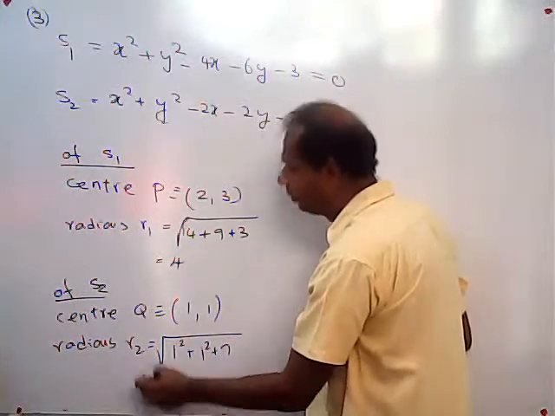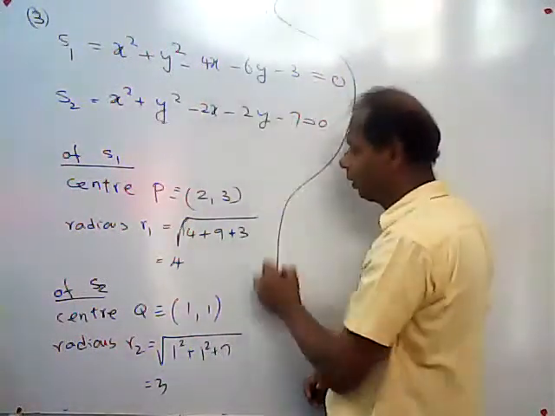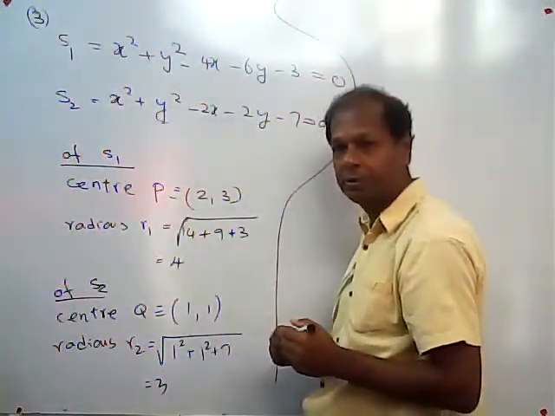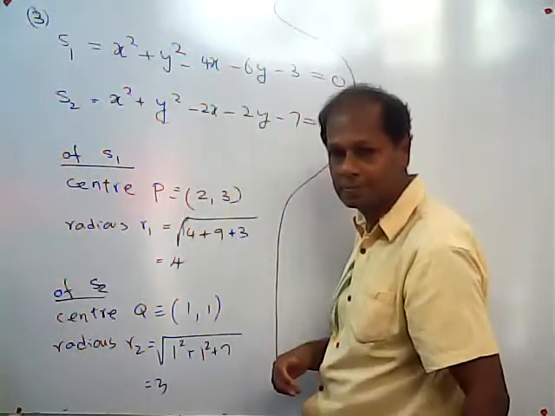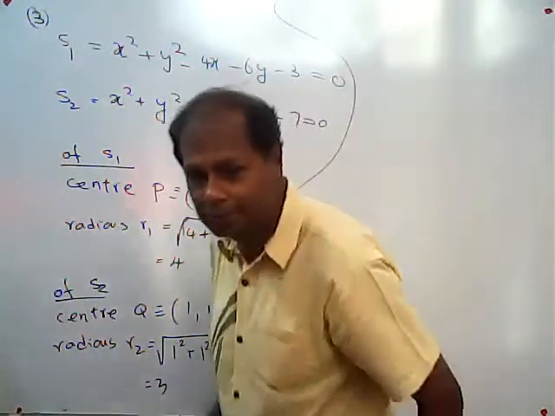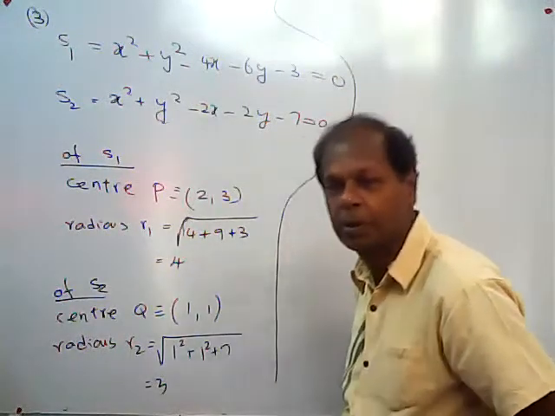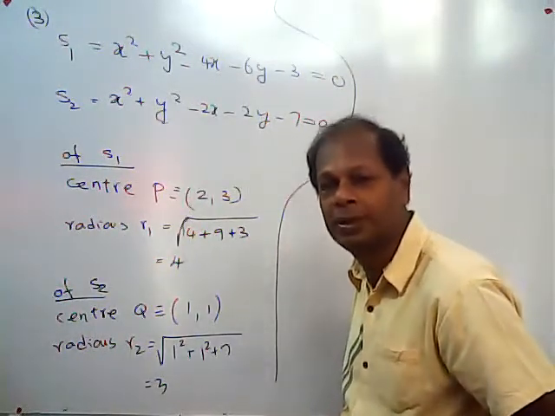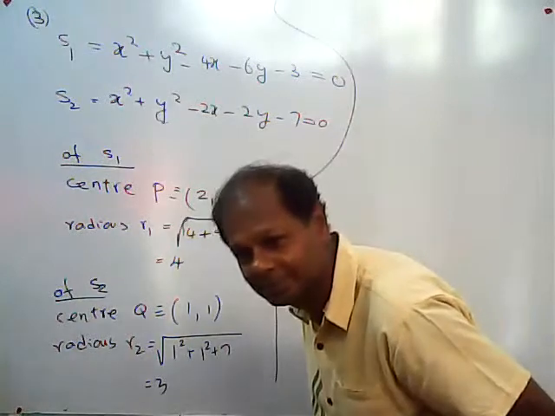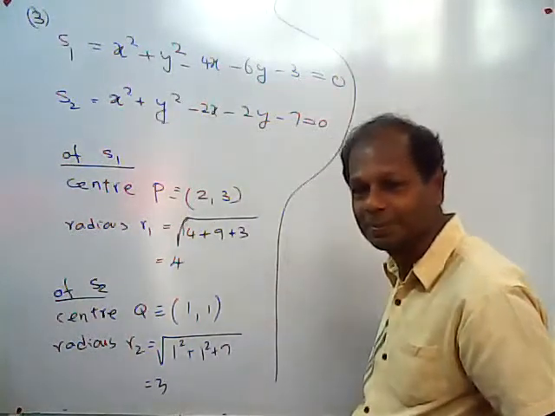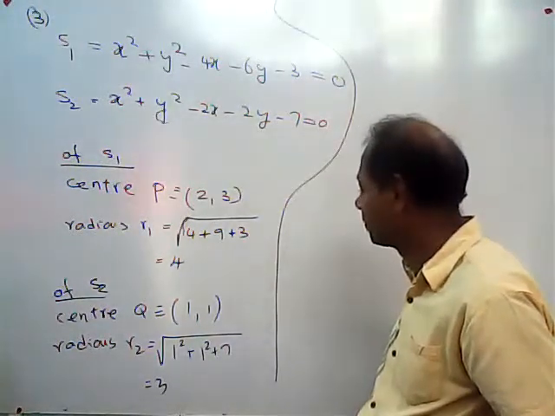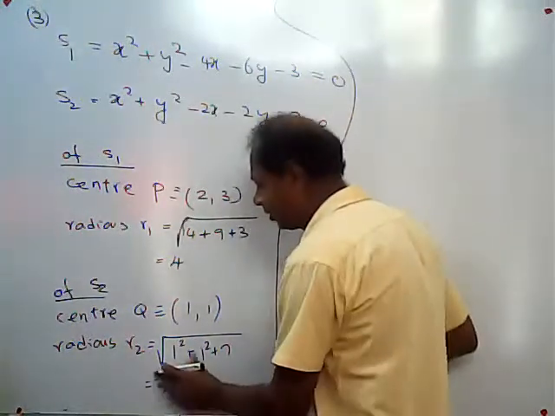So that will be equal to 3. Now we have all the information about the two circles. So the radius is 3.